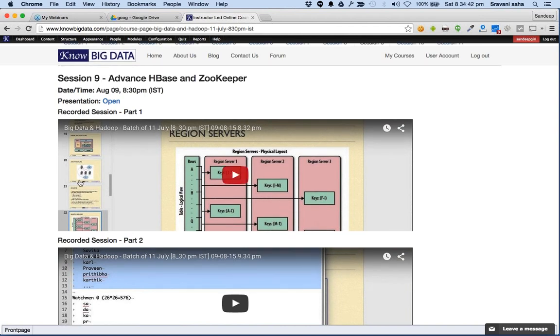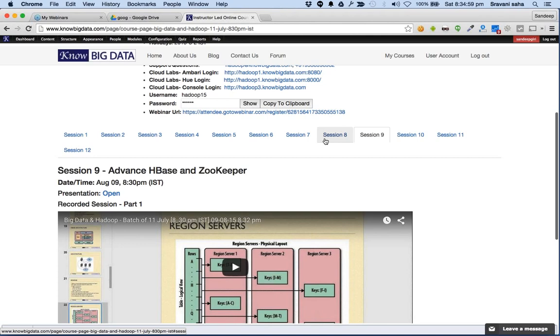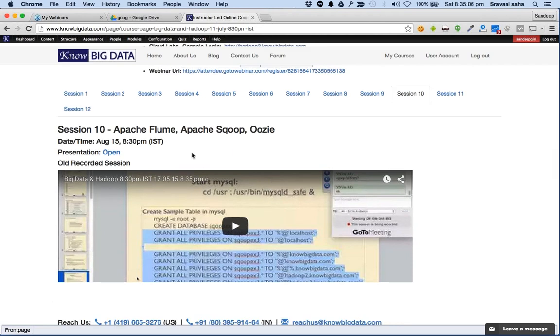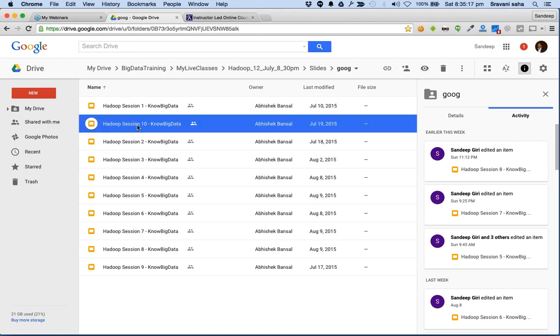Where actually were we? We had discussed Zookeeper. Today we were about to get started with Flume, Sqoop, and Oozie.